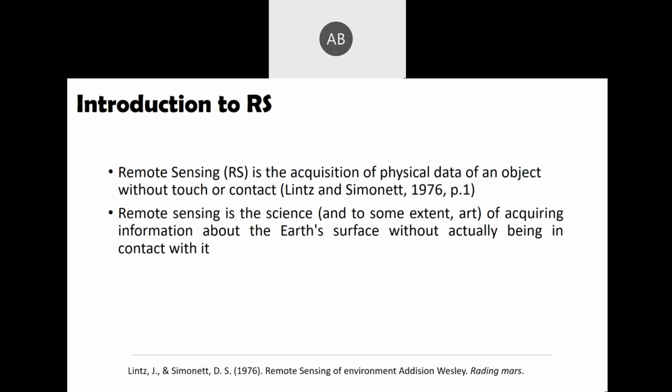So remote sensing as a science or as an art, you can say, just mimics the same thing. That means you try to get an understanding of something, but you do not come in contact with that particular object. So where do we do it then? We do it using satellites.